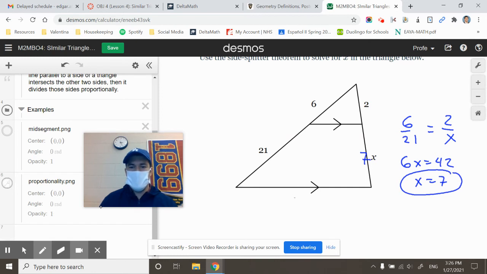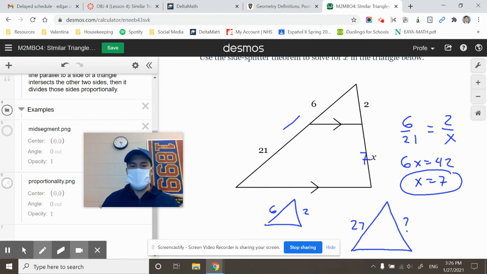Another way is, you could have thought of similar triangles. The small triangle at the top had a side measure of 6 and a side measure of 2. The larger triangle would have to be proportional to that. So it has a side measure of 6 plus 21, which is 27, and a side measure of, well, I don't know. I could think of it as, 6 and 2, what's their relationship?